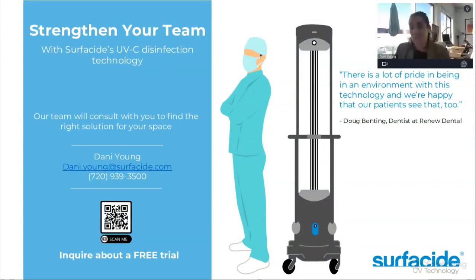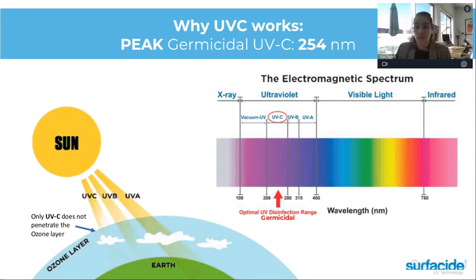The one challenge to the air purifiers, especially if there's no fan going around it, and I should have made this a little more clear. UV technology is a direct line of sight technology, meaning that if it is not directly exposed to that light, if it's in a shadowed area or behind the light, it is not going to get the disinfection dose that you need.